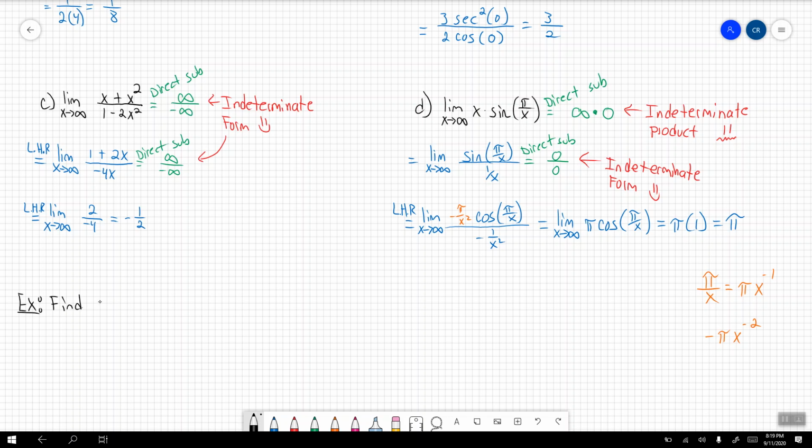And we want to find the limit. Part A. Let's work with the limit as x is approaching 0 for cosecant of x minus cotangent of x, and we'll see what happens.